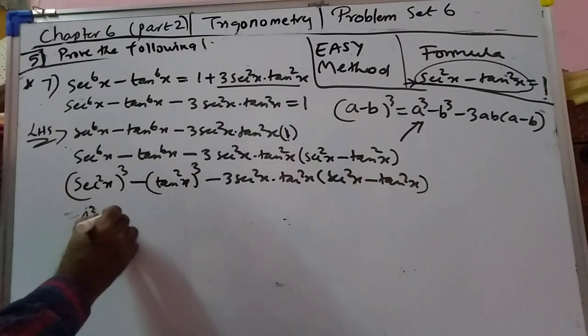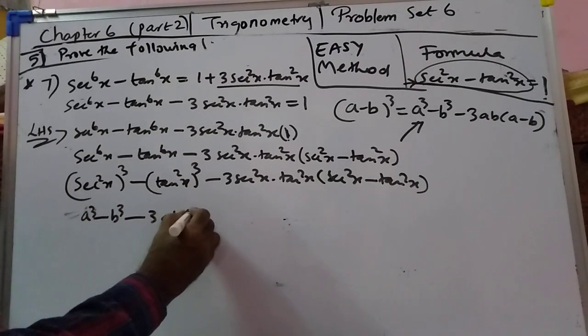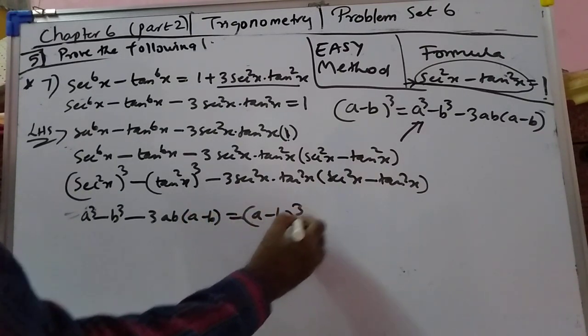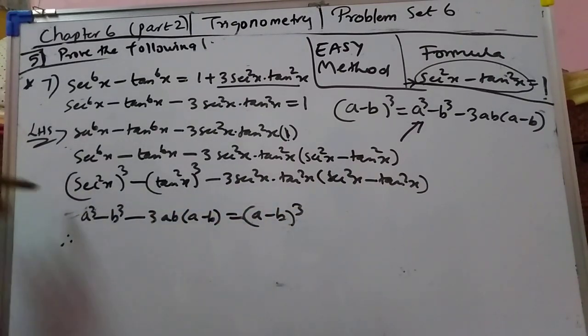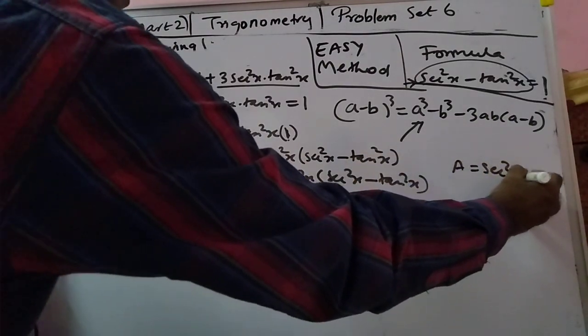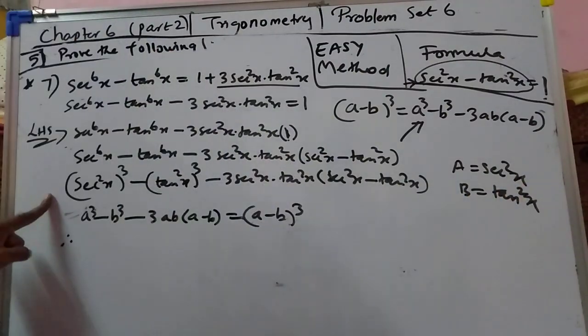But a cube minus b cube minus 3ab times a minus b is equal to a minus b the whole cube. Therefore, here a is sec square x, b is tan square x.